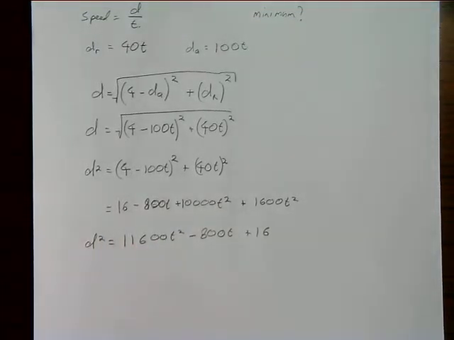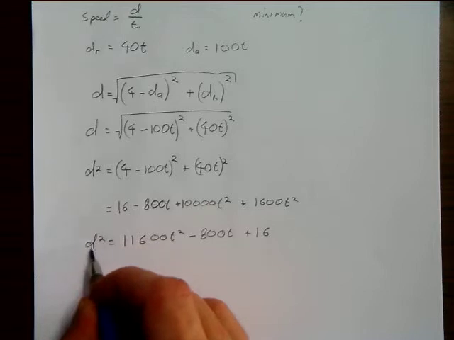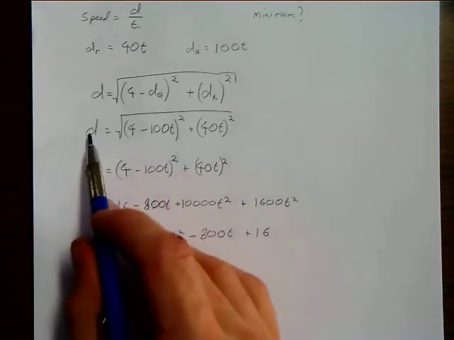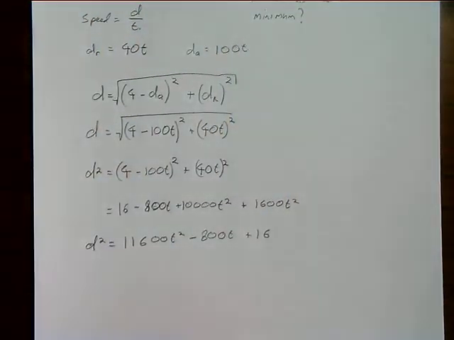Now, remember these are numbers, okay? So that is probably a little bit obvious. But the reason I'm saying that is because I'm trying to find a t that minimizes d. If I have a function where something minimizes another number, let's look at this.